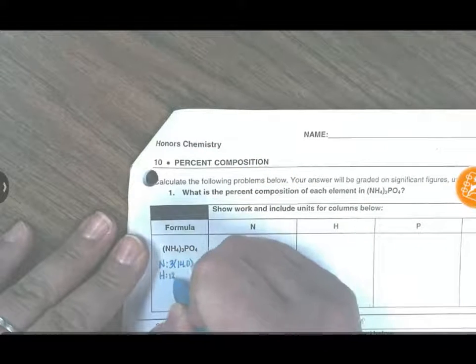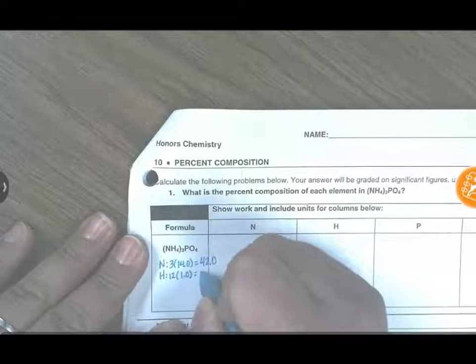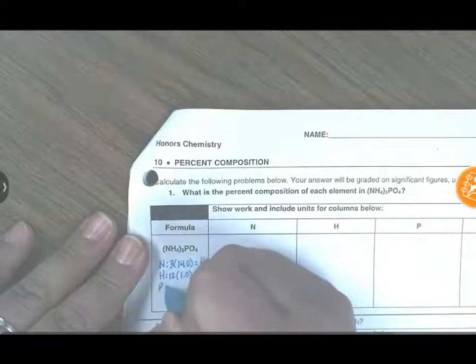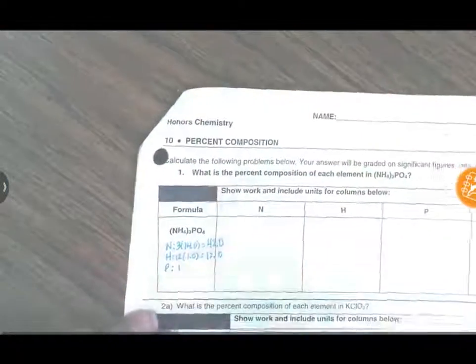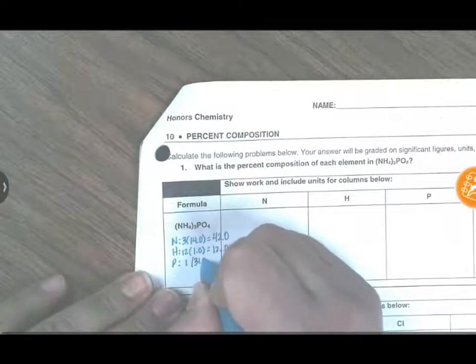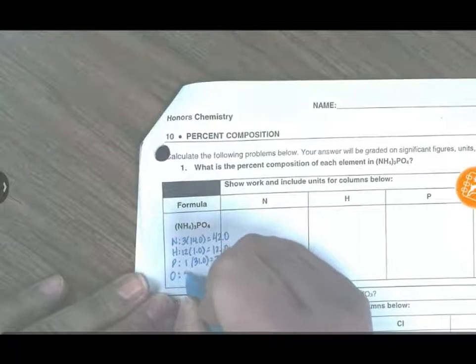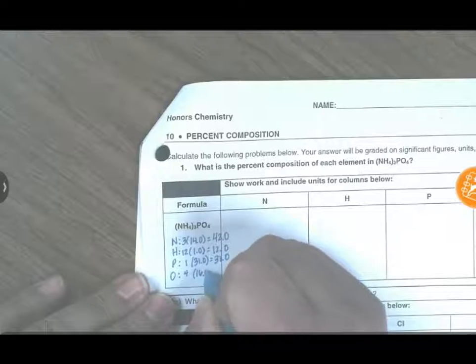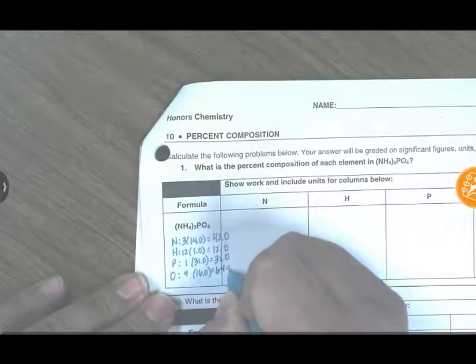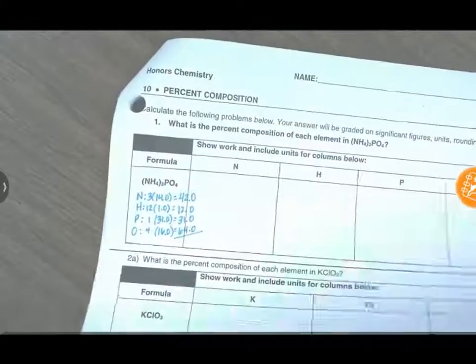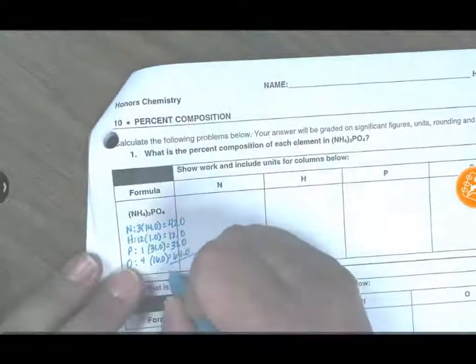H, I had 12 of them, times 1.0, that gives me 12.0. Phosphorus, 31.0. And then oxygen, there's 4 of them, times 16, gives us 64.0. So our total was 149.0.